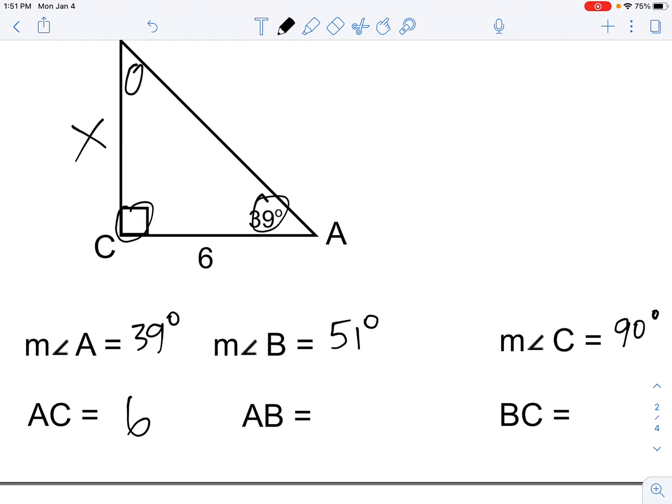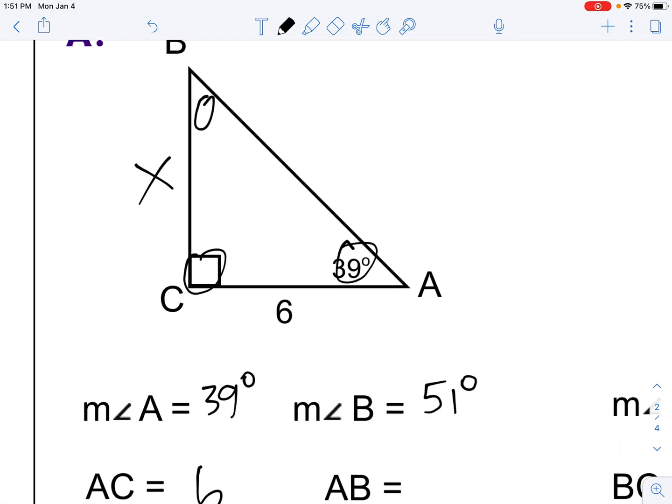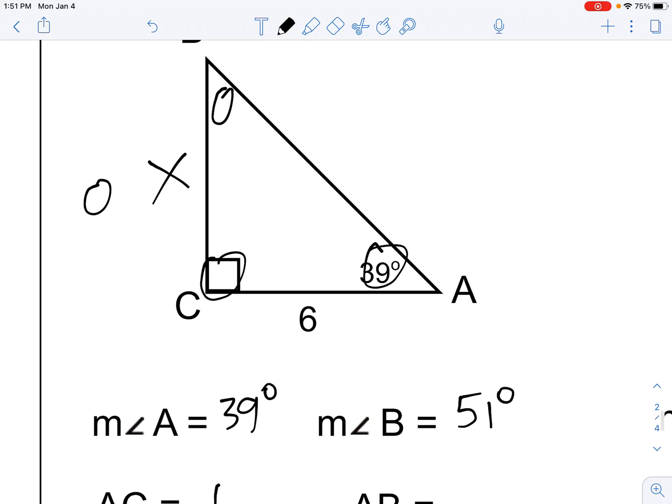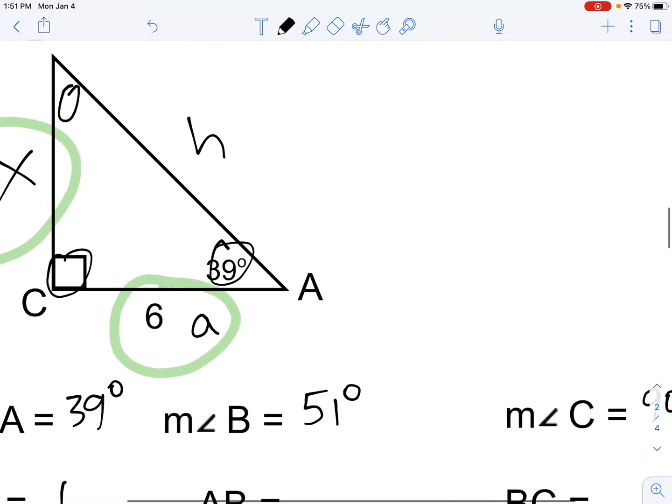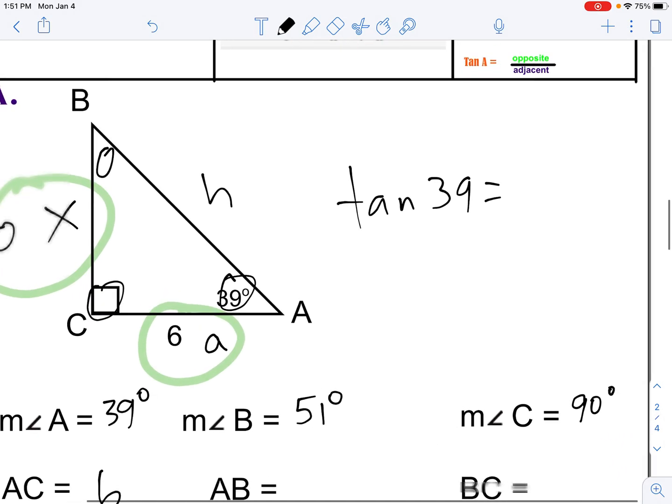I'm just going to find side BC. Using opposite, adjacent, and hypotenuse, I'm going to use the adjacent and the opposite, which is tangent. The tangent of 39 is equal to opposite x over adjacent, which is 6.